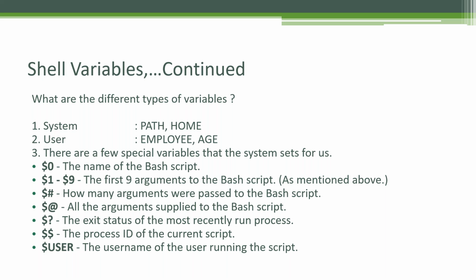So all of these are system defined variables. And we can also define some variables on our own, like employee name, what type of system it is, age, group, some random variables. And there are certain special variables as well, which the operating system provides for us.